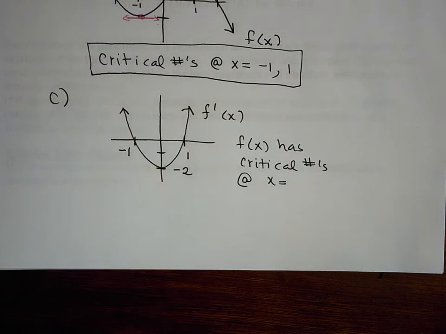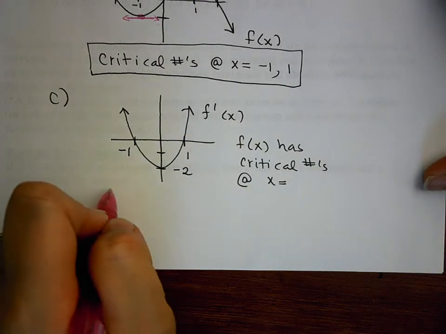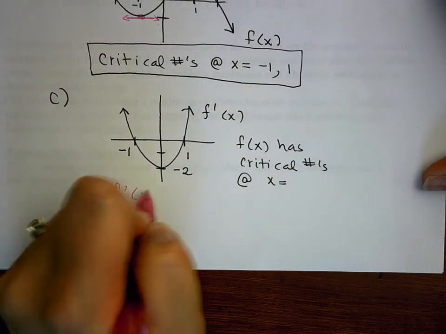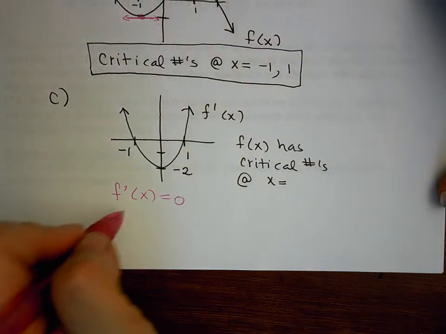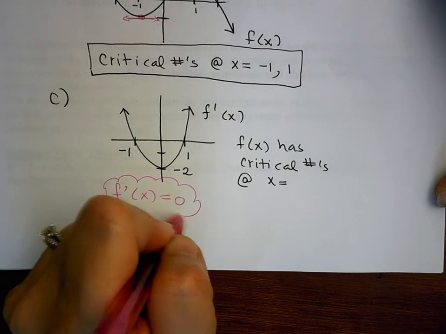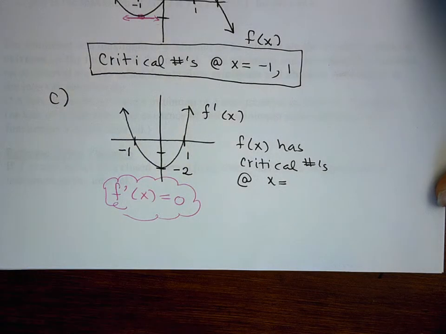I still want the critical numbers for f of x. Okay, so remember what the definition is, where f prime is equal to 0 or undefined. So this is a parabola, so it's not undefined anywhere. So where f prime is equal to 0, that is where f has critical numbers.